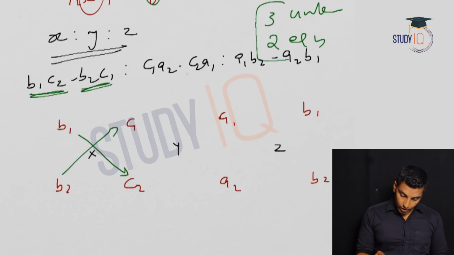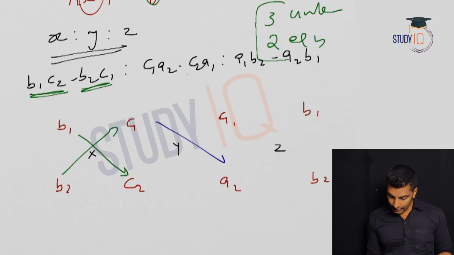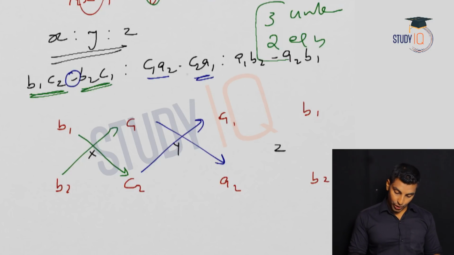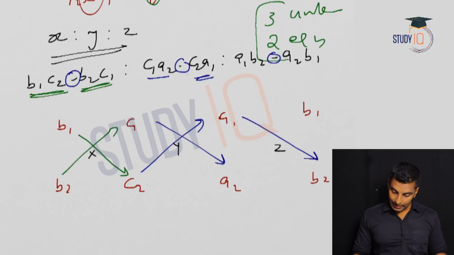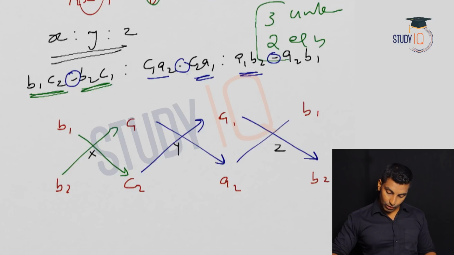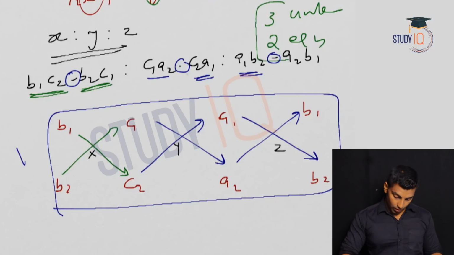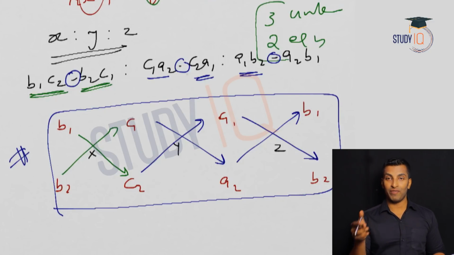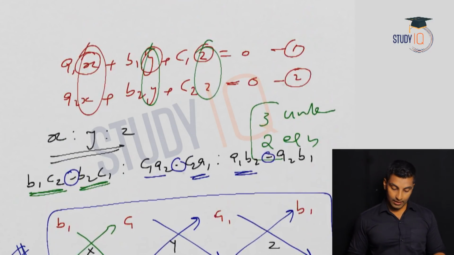Now you continue like this, so you get c1, a2, then go like this, so c2, a1. All are minus, so you don't need to have confusion. Now from here, you come like this, that is a1, b2, and then you go like this, a2, b1. This is how we used to remember in 10th standard. I am just discussing what you have learned in 10th standard, but all those things are not required.